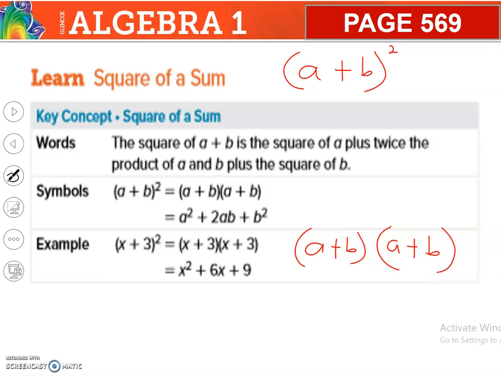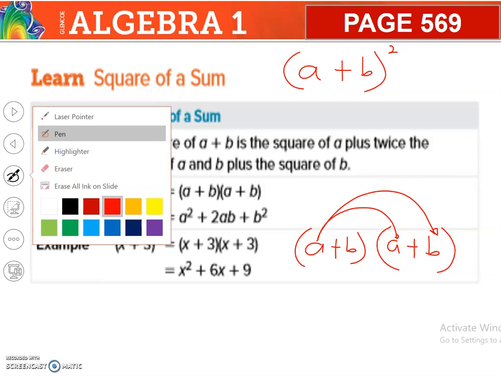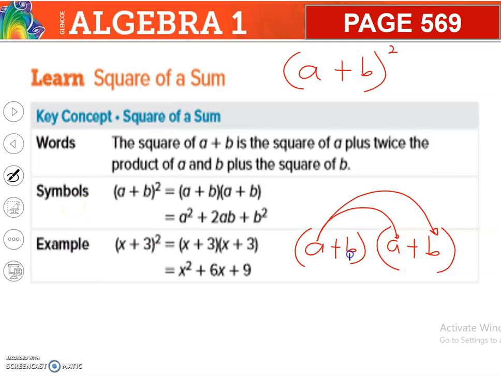And if we're using the FOIL method, a multiplies a and a multiplies b, and b multiplying a and b multiplying b.